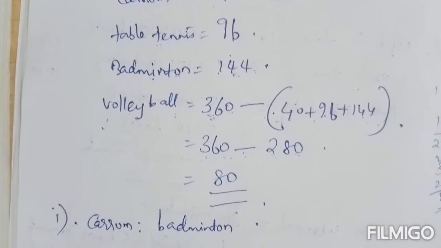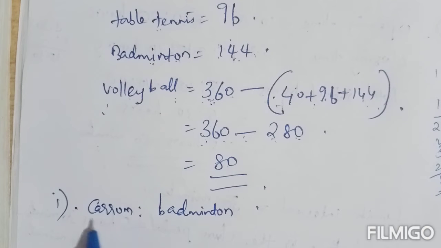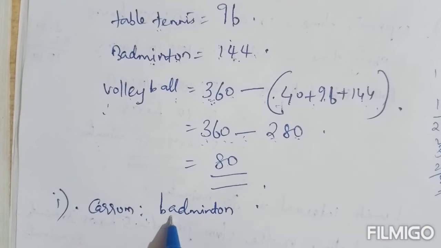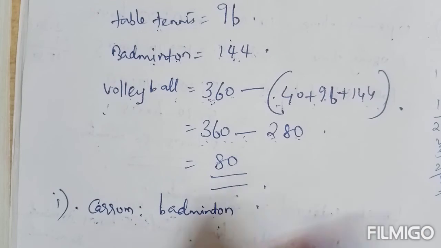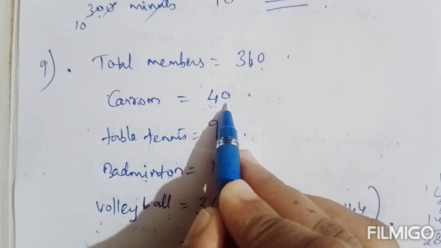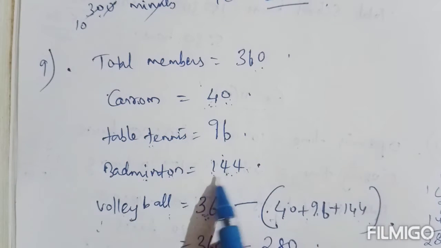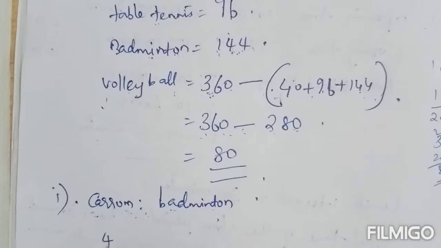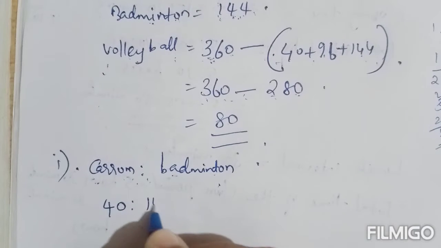How many members play carom? We know it is 40. It is given in the question. And badminton it is 144. So 40 is to 144.